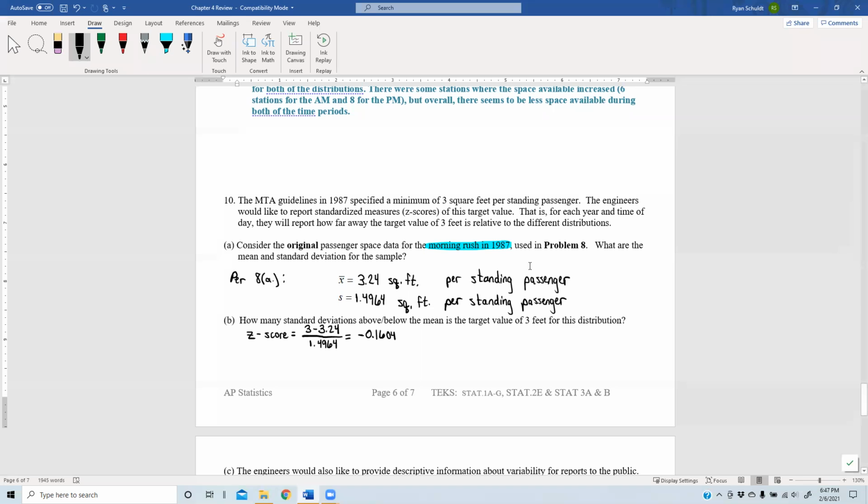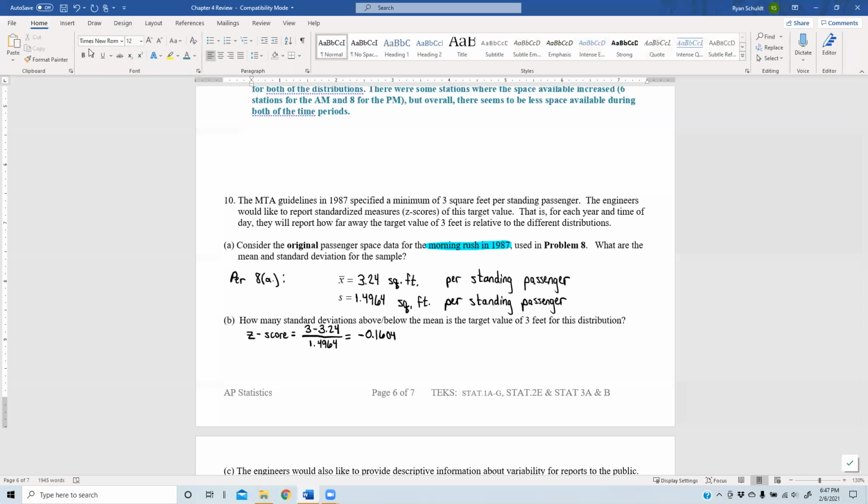Okay, so now we've done our calculation. Let's type our conclusion for this part. We found the z-score is negative 0.1604.